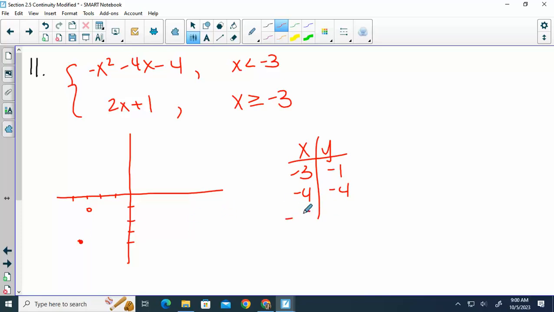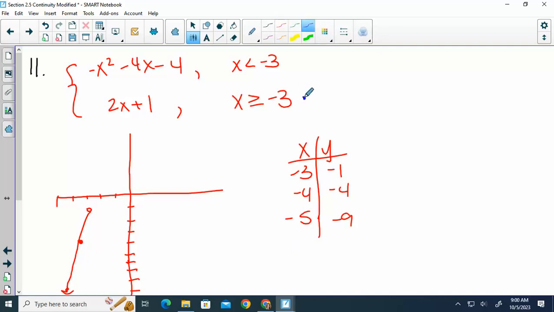If we wanted to do another one, we could put in a negative 5, so we would have negative 25 plus 20 minus 4 is negative 9. So that piece is a part of a parabola.